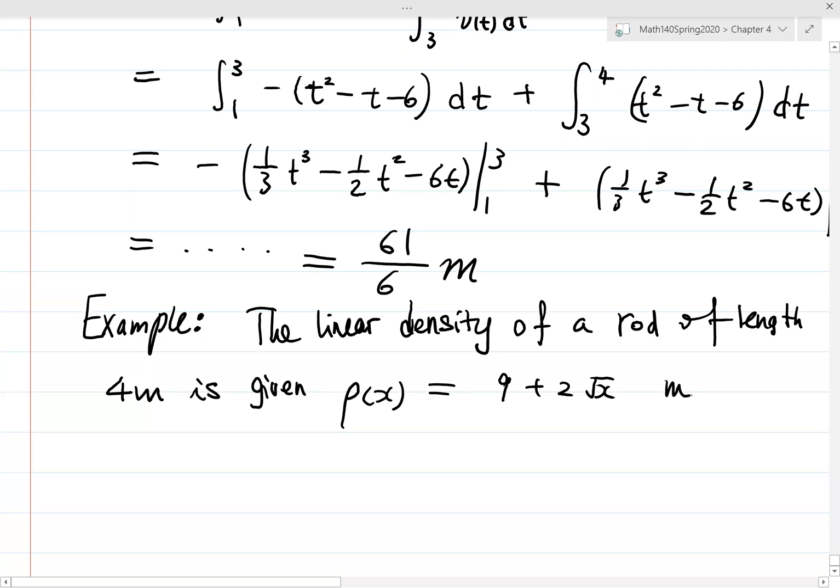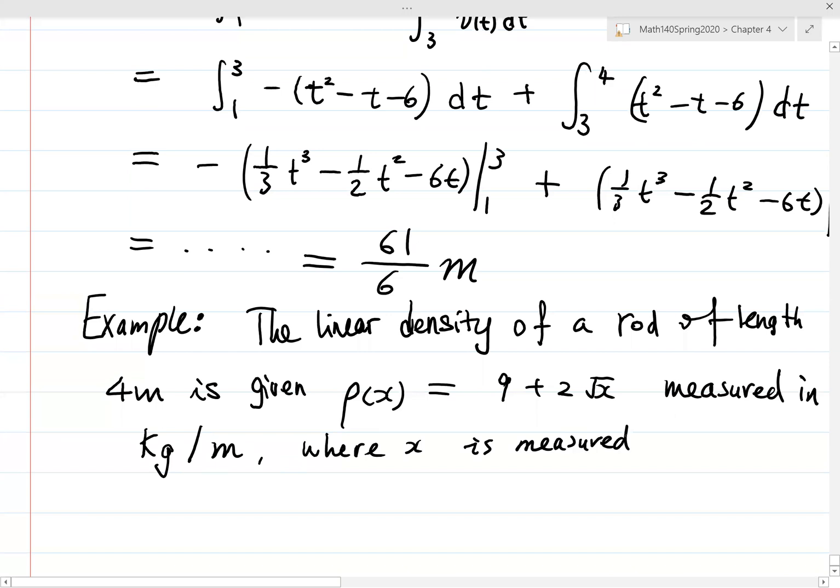The unit is kilograms per meter, where x is measured in meters from one end of the rod.